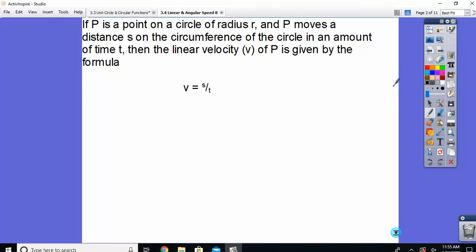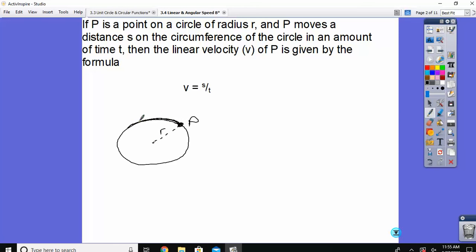The first formula, we are talking about linear velocity. So all of these are dealing with circles. Oh, that's a bad circle. So you have some point on a circle. Radius is r. And we have point P moving outside on the circle.